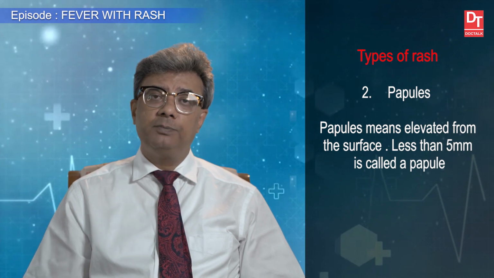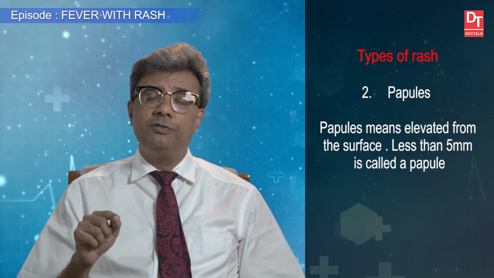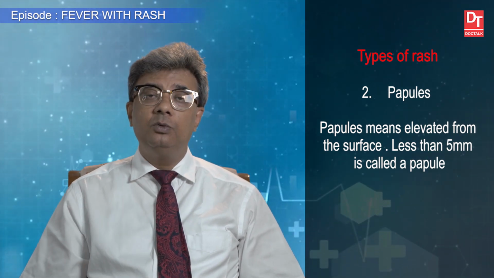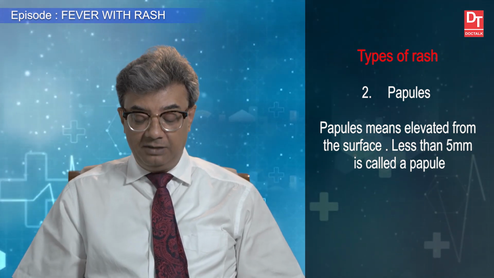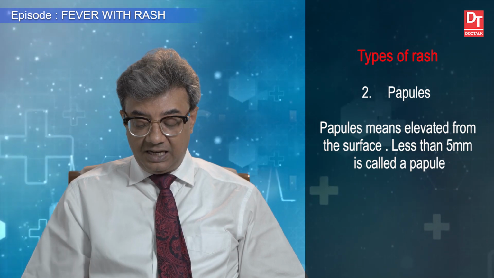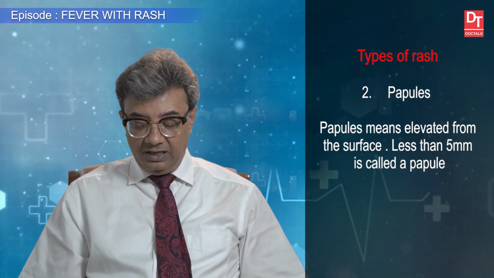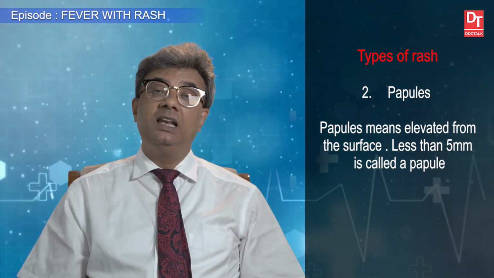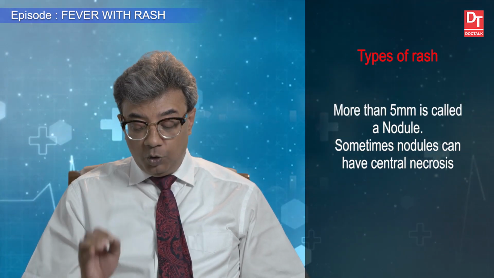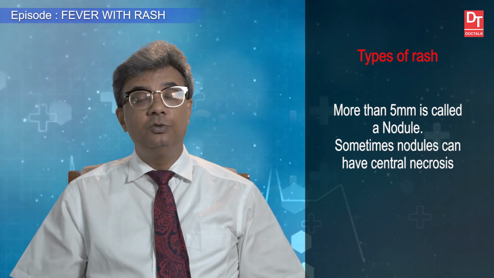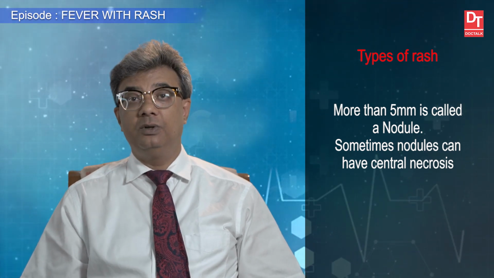What are papules? Papule means elevated from the surface. Now, what is the size? If it is less than 5 millimeter, then we will call it a papule, and if it is more than 5 millimeter, we will call it a nodule.